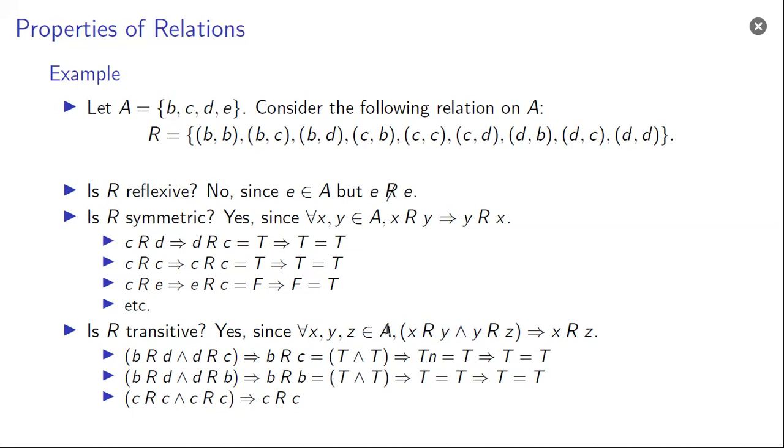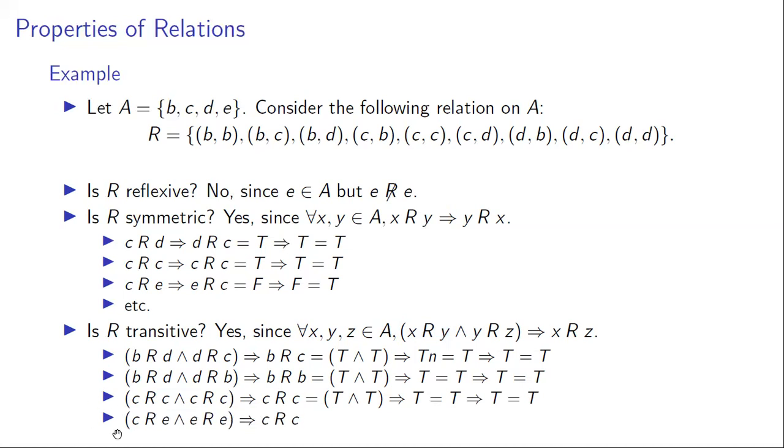They're just elements of A, so they could all be the same element of A. Is this true? This part is true because we have C comma C, and this part is true, and this part is true. So this becomes if true and true, then true, which is if true, then true, which is true. So this statement is true.